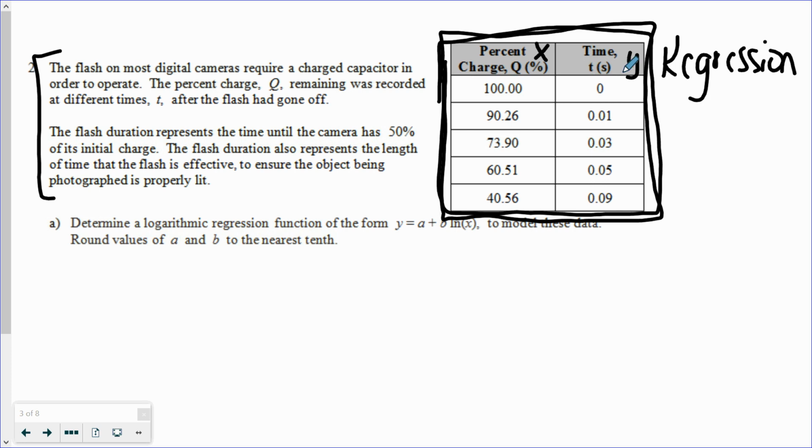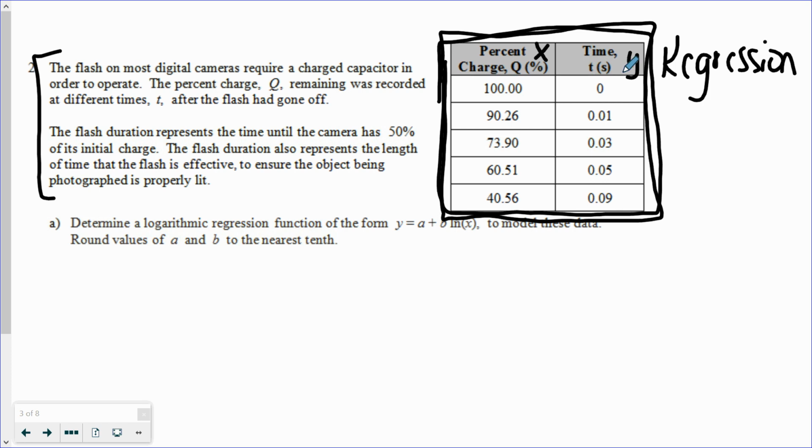So the flash on most digital cameras, thinking a little more old school, requires a charged capacitor in order to operate. The percent charge, which is Q, remaining was recorded at different times after the flash had gone off. The flash duration represents the time until the camera has 50% of its initial charge.